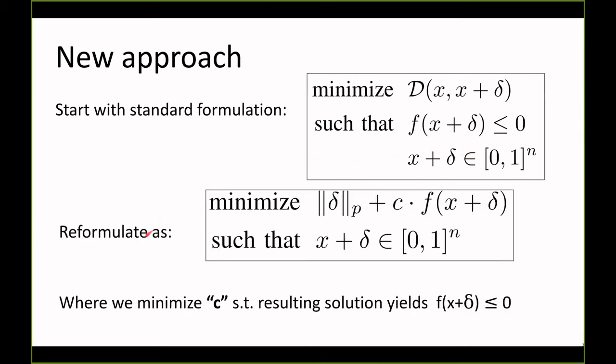They reformulate this by combining the constraint into the minimization process using a Lagrange multiplier. So you have one minimization function and one constraint that it is a valid image.